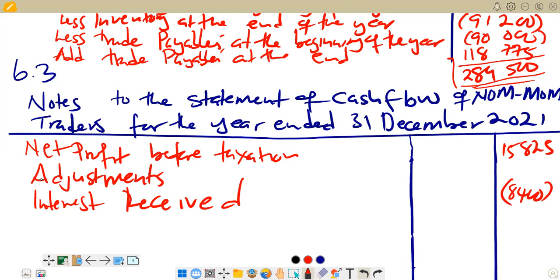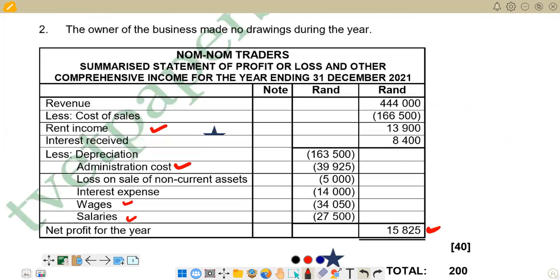Obviously, we have depreciation. Remember here, when we adjusted for depreciation, we subtracted. So here now we are removing it. Remember, depreciation is a non-cash item, and here we are preparing the figures that we are going to use in the statement of cash flow. So non-cash items, we don't include them in the statement of cash flow.